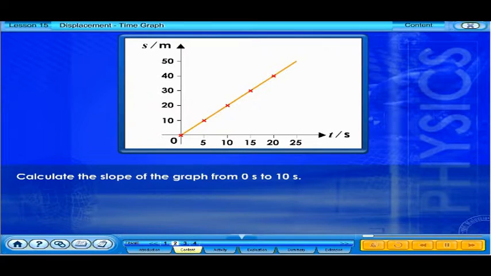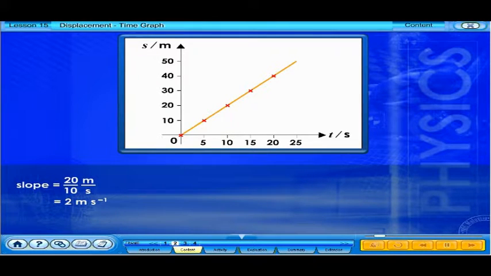Let us calculate the slope of the graph from 0 seconds to 10 seconds. The slope of the line is 20 over 10, equal to 2. What does this slope represent? The vertical line represents displacement.